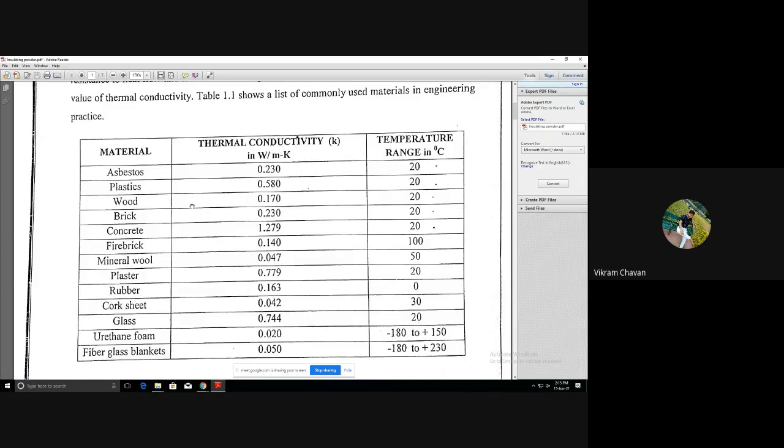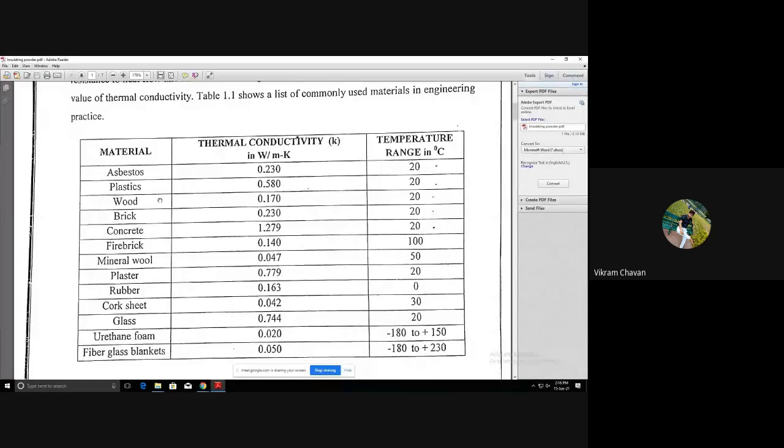Okay, so here you can see that wood is also used as an insulating material. If you have visited the international conference hall in the college, then you can see that the walls are covered with wood material, which has very low thermal conductivity.